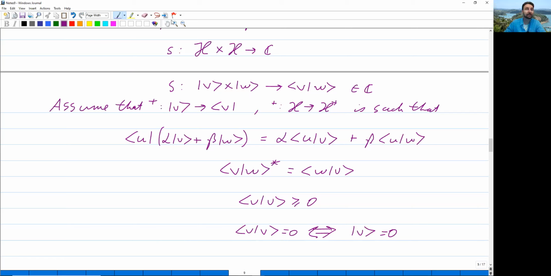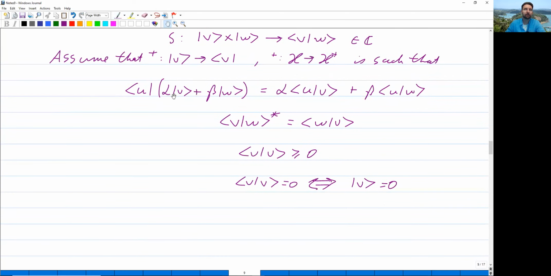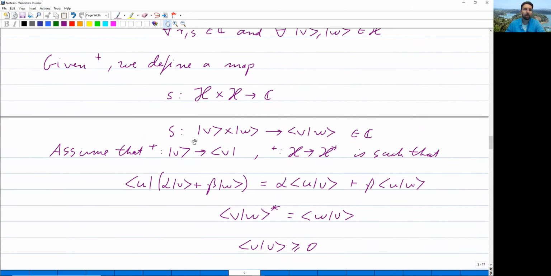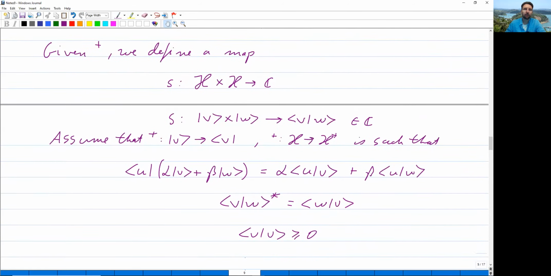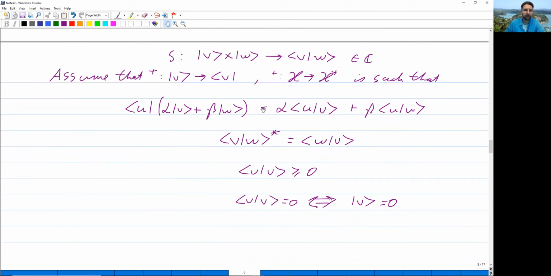So assume that this is the case, that we have a map from the complex vector space H into its dual such that the map S obeys these axioms here.